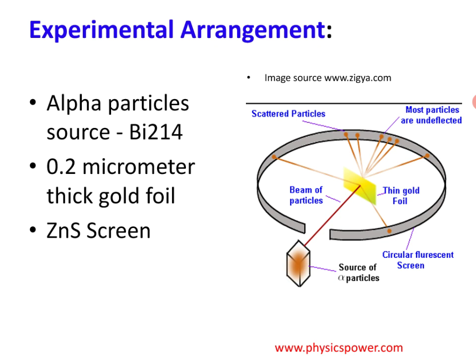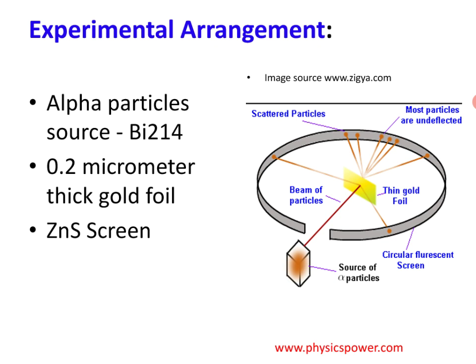So to study the alpha particle scattering, he arranged a ZnS screen around the experiment. Why did he consider a ZnS screen? The reason is that a ZnS screen is a fluorescent screen. Whenever any radiation, generally unknown radiation to the naked eye, is incident on the ZnS screen, immediately it will give a flash.